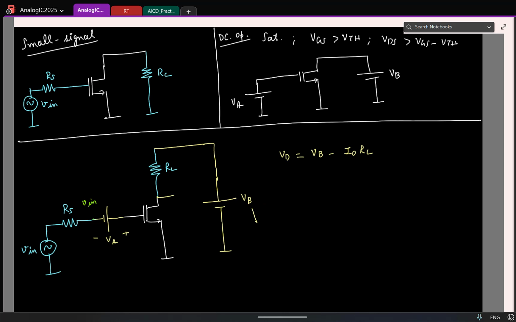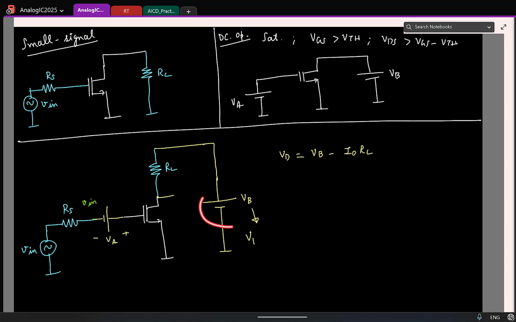This value should change from VB to, I mean, what I'm saying is, ideally you want the drain to source voltage to be a value VB. But the moment I hook up this circuit, because there is a drop across RL, I'm losing VB minus some ID RL. Let us say, for example, 500 millivolts I'm losing because of RL.